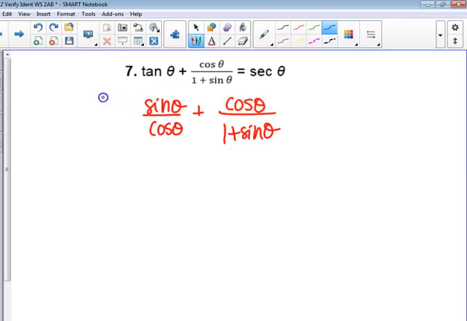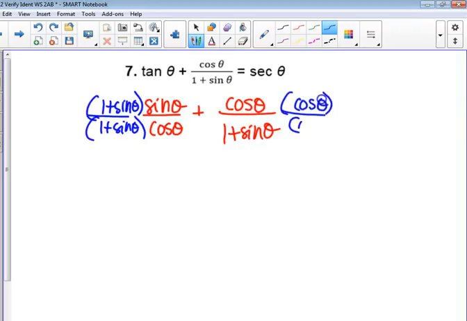Okay. So this needs to be multiplied by 1 plus sine over 1 plus sine. And this needs to be multiplied by cosine over cosine. Okay, so distributing up here, what do I get?